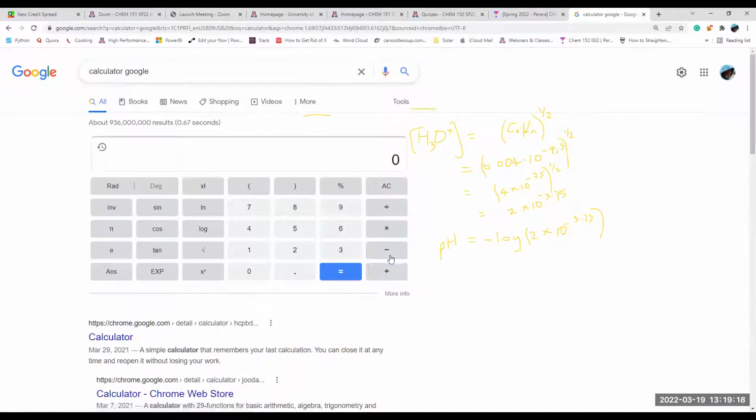Right, so if I take minus log of 2 times 10 to the power of minus 3.75, it might be easier to do it here actually.